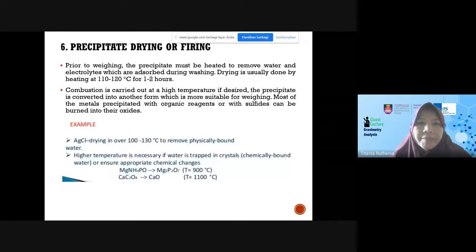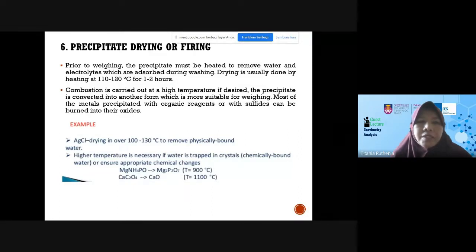Number 6 is precipitate drying or firing. Before weighing, we have to heat or dry the precipitate to remove water and also all the volatile contents or electrolytes, which we used when we washed the precipitate. Drying is usually done at a temperature of 110 to 120 degrees C for 1 to 2 hours.